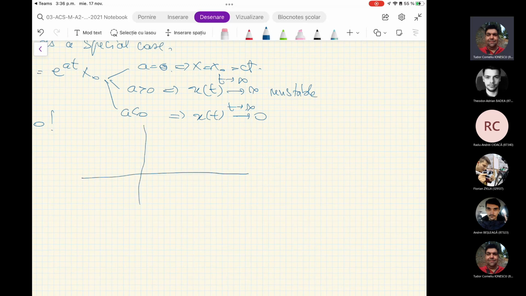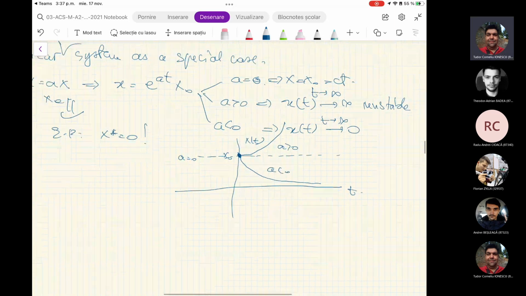So this is x of t, this is t. Assume I have here an initial condition x naught. This is for a equal to 0, this is for a larger than 0, and this is for a smaller than 0.